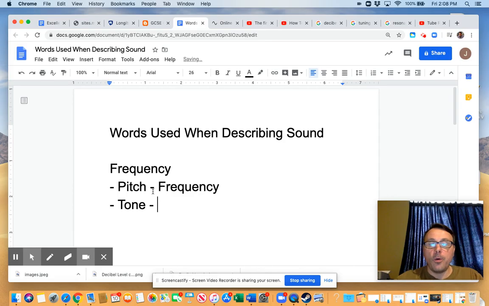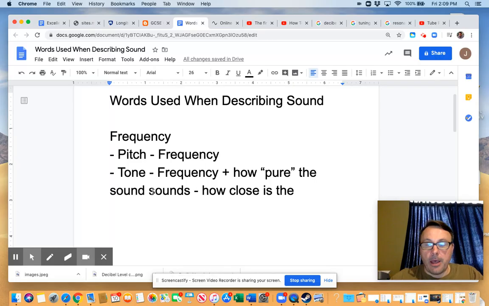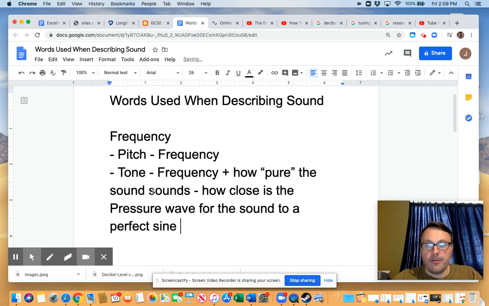But tone is frequency plus how pure the sound sounds, meaning how close is the pressure wave for the sound to a perfect sine curve, right?